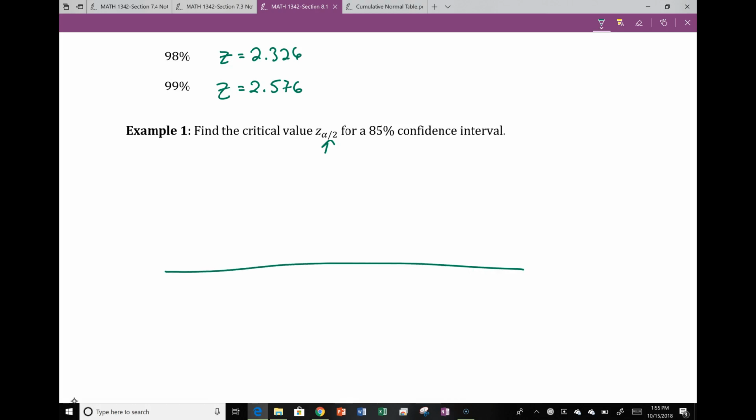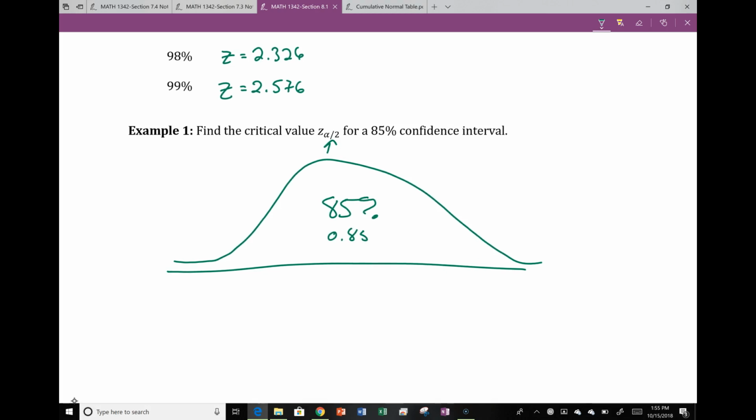We want to find the critical value, z alpha divided by 2, for an 85% confidence interval. Well, that's not one of our normal ones up there. And so we're going to put 85% here in the center, which is 0.85. And we're going to cut off some on both sides.